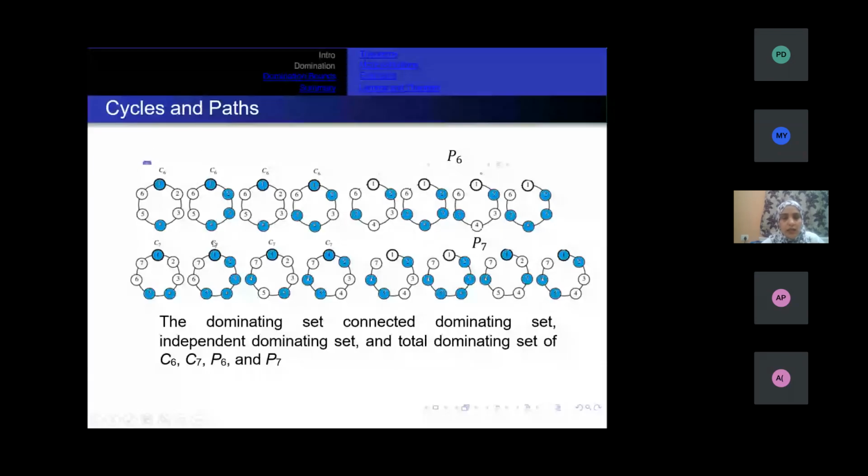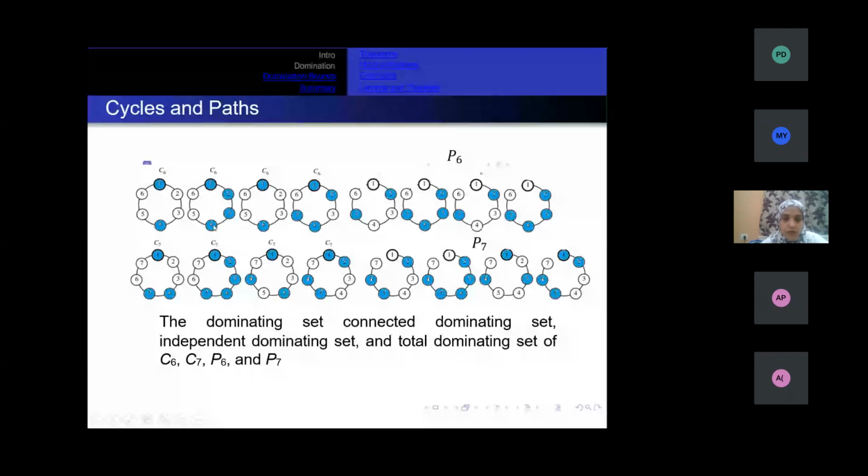This C6 graph is a cycle graph. Here we can see 1 and 4 are totally independent of each other. So here we can say that this comes under the independent dominating set. Here we can say that 1 and 4 are enough to be a dominating set.